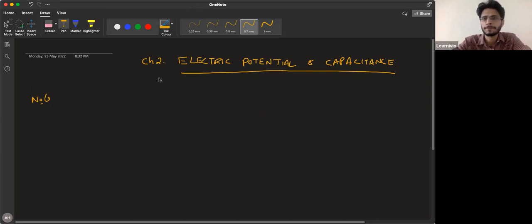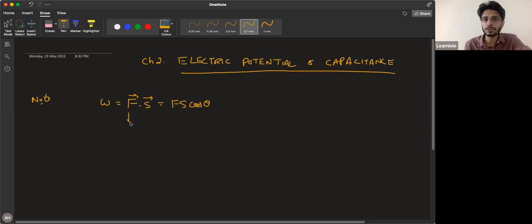Good, Alia. We have two expressions of work done. This was your class 11 syllabus. Work done is the dot product of force and displacement, which you can further write as Fs cos theta. That's work. Work done is Fs cos theta.